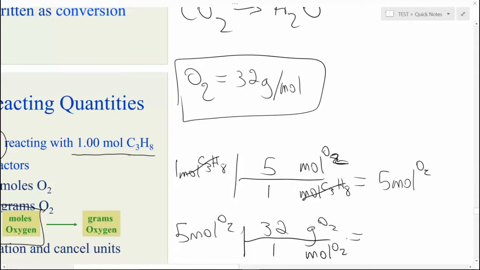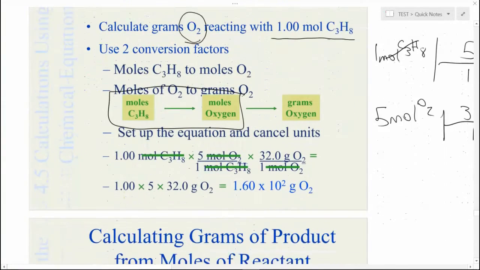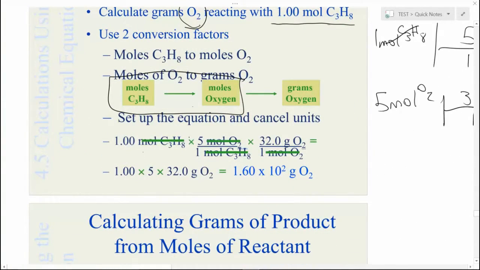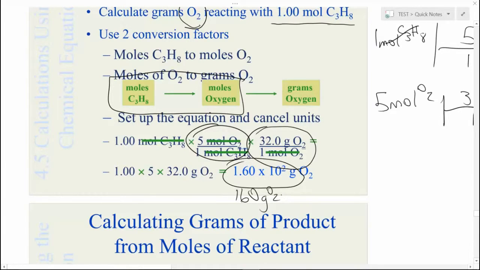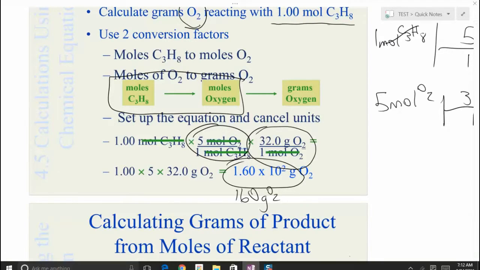So we would say 5 times 32, and we would get 160. That's 160 grams of oxygen needed to react with 1 mole of C3H8. So this is how we would be doing this.